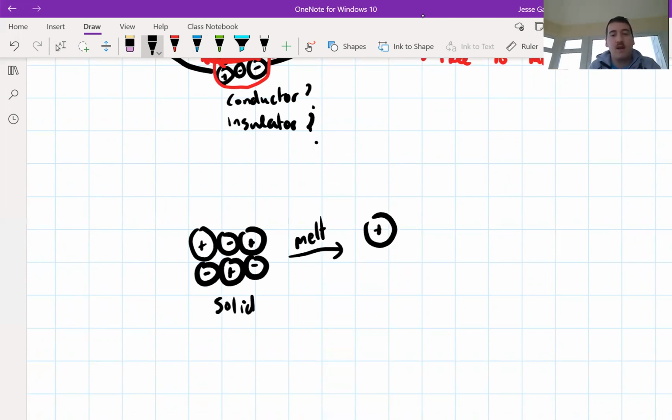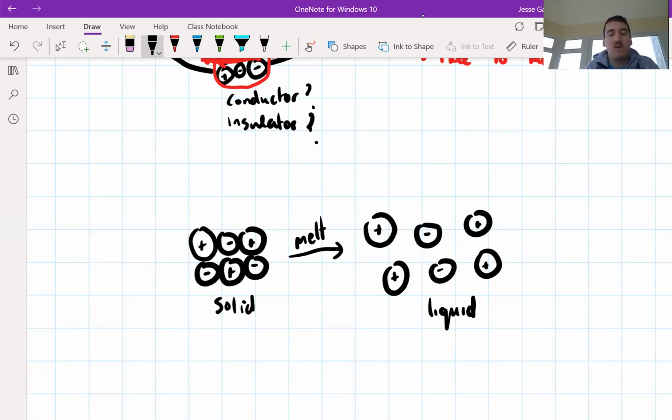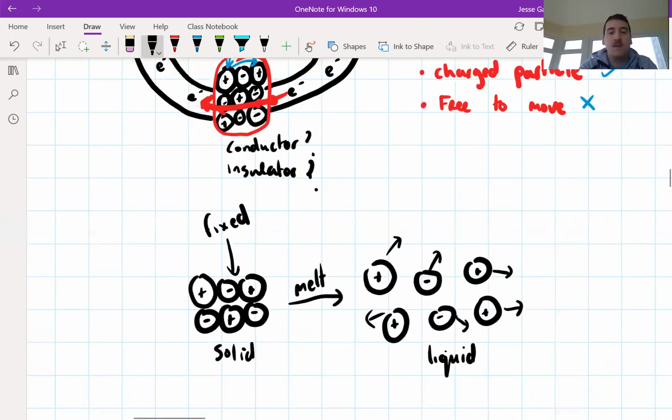Well, the particles would now separate from each other because they're now turned into a liquid. They're not stuck together as tightly anymore, like this. These are the same ions, but they are in the liquid form. They have been melted. These are now free to move. Whereas over here, these were fixed in position. So these ones in a solid cannot move, but in a liquid, they can move.